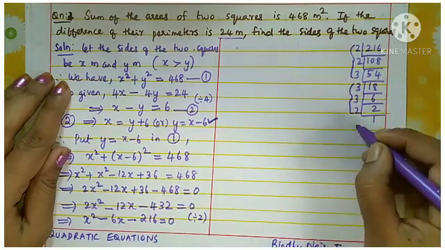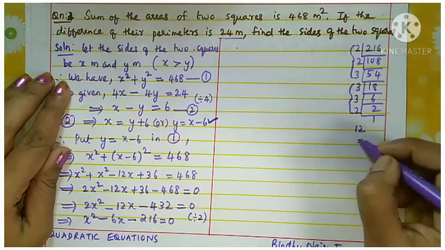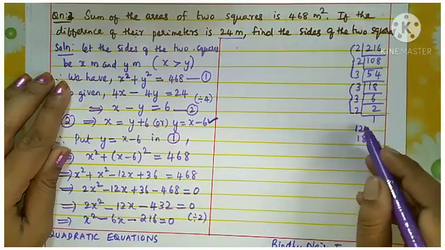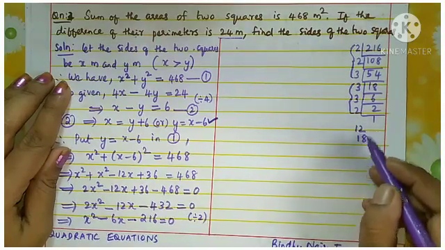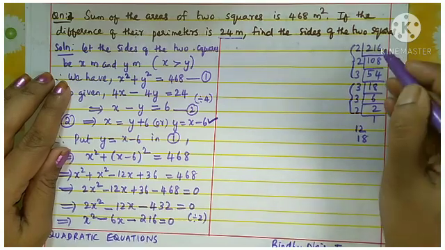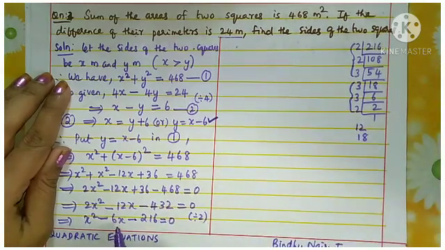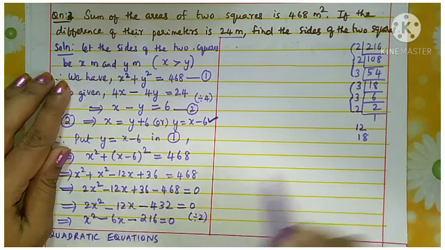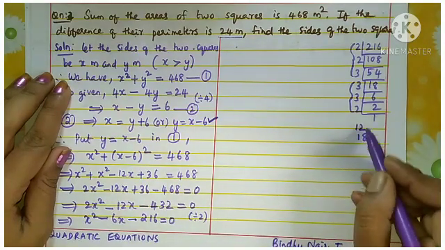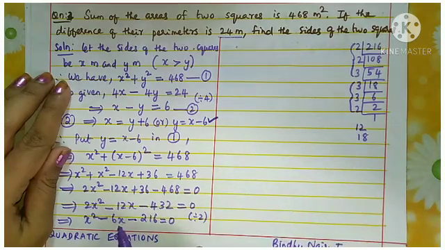Okay, so one number 12, next is 18. You see, when you multiply these two numbers, the product will be definitely 216, and you want the sum value minus 6, so that 18 minus 12 will give you 6, because our product is also negative.